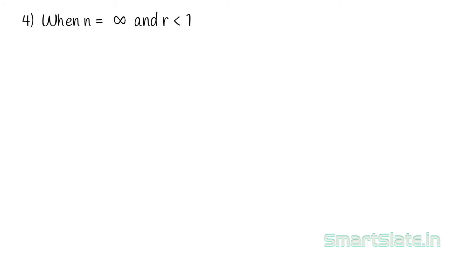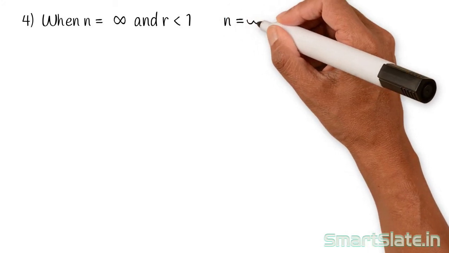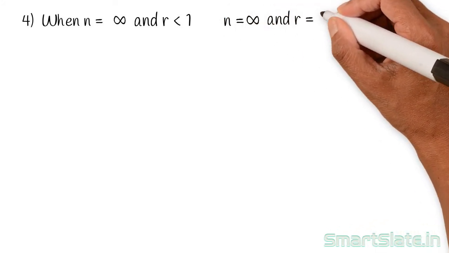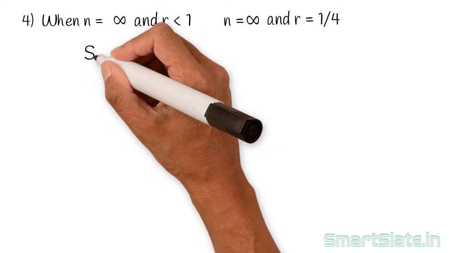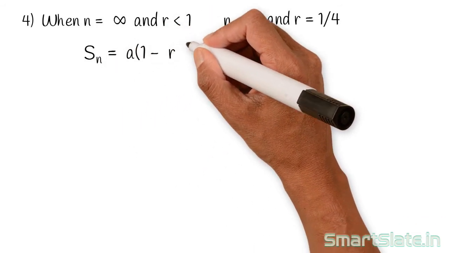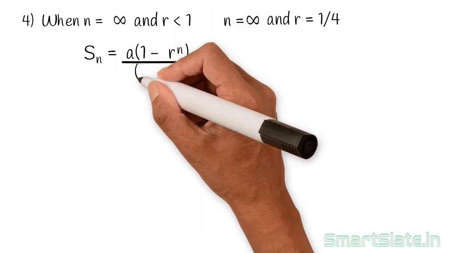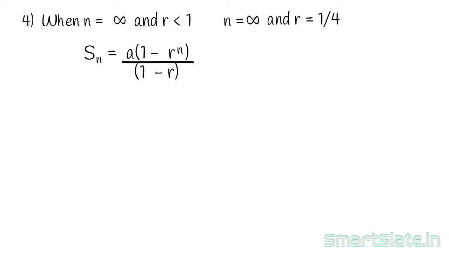Let's take an example. n equal to infinity and R is equal to 1 by 4, which is smaller than 1. The generic formula of the sum of the series is Sn equal to A into 1 minus R to the power n divided by 1 minus R. Replace R and n with respective values.